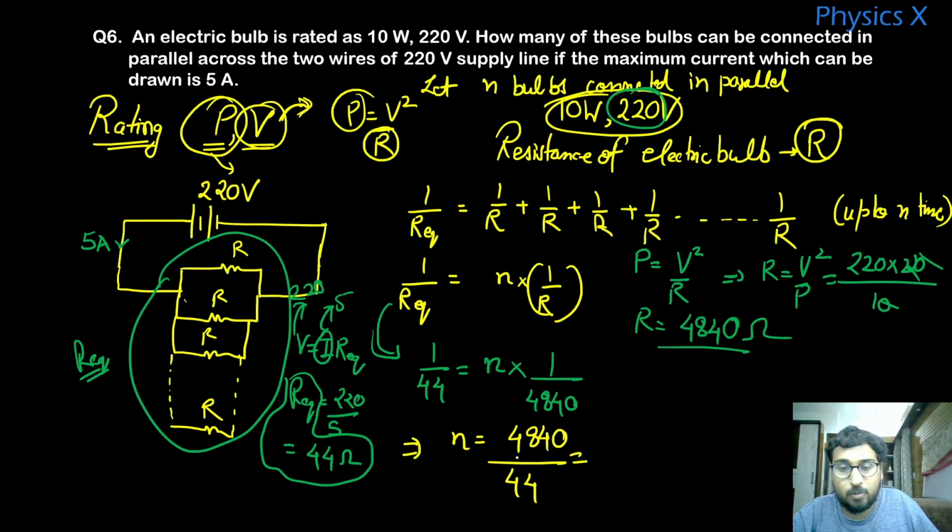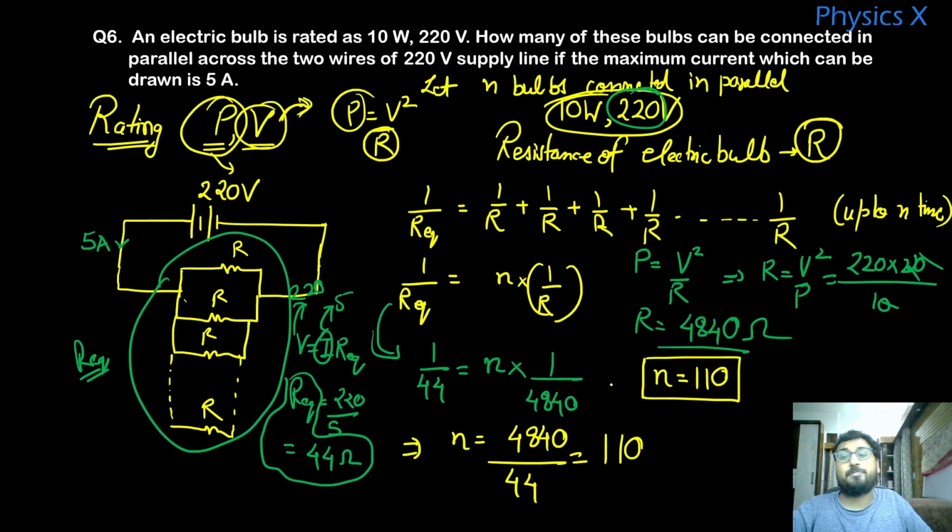So this is 44. One time it will go, and again one time it will go. That means total number of bulbs that can be connected is 110. So 110 bulbs you can connect in parallel. Then they will draw the maximum current of 5 amperes, right?